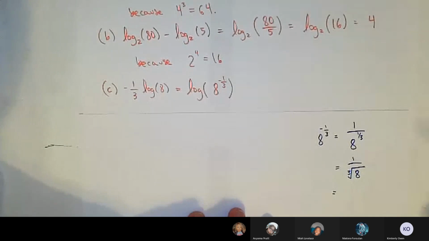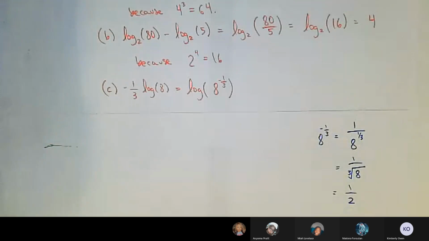And then what is the cube root of 8? What times itself 3 times equals 8? So all of this that I'm doing over here in blue has nothing to do with logs. It's everything to do with that negative fractional exponent up in the top. Okay, so the negative flips the whole thing to the bottom. And then the fractional exponent turns into a root, if you recall that all the way from the beginning of the semester. And then we just have to know cube root of 8 is 2.